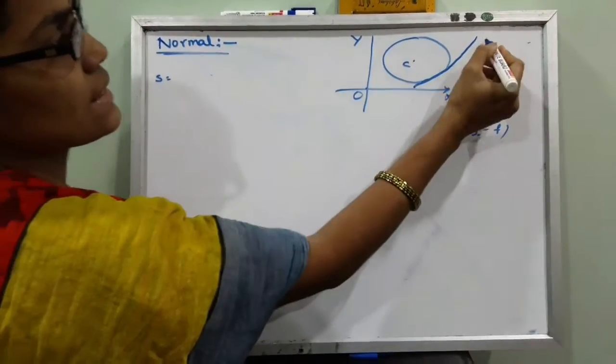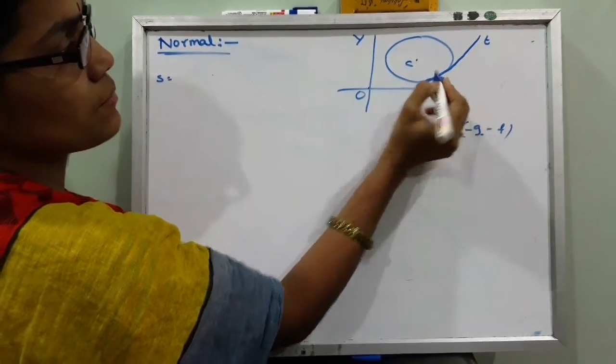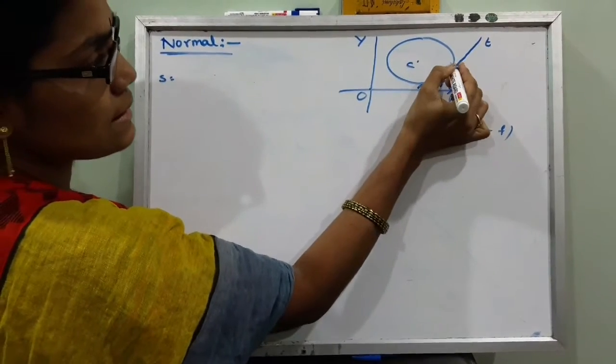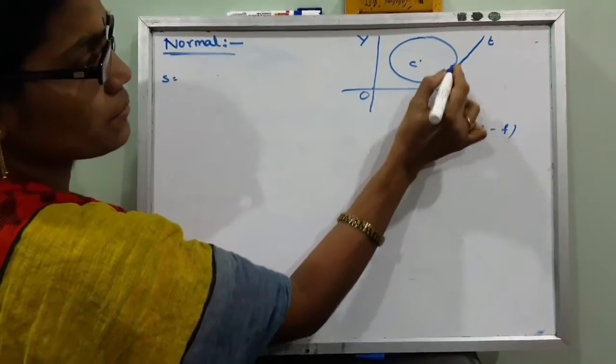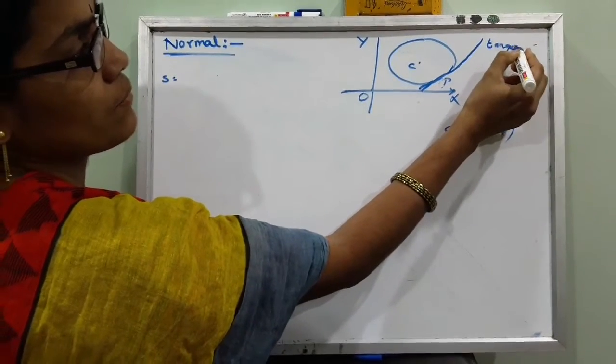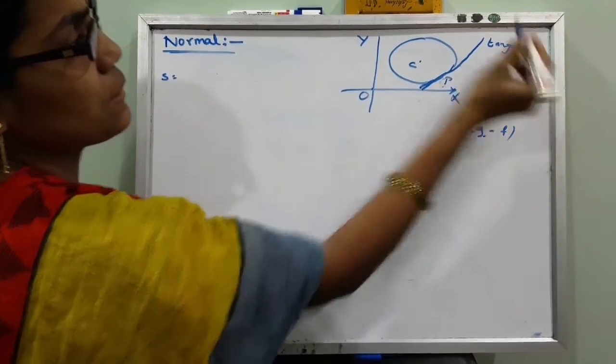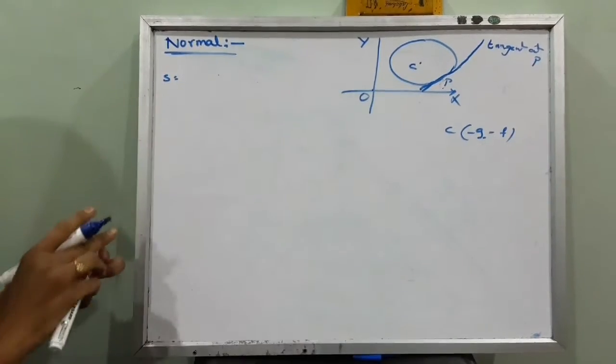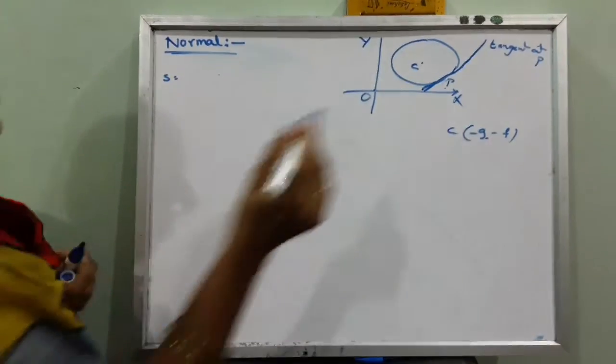This is the tangent at P. What is the normal here?